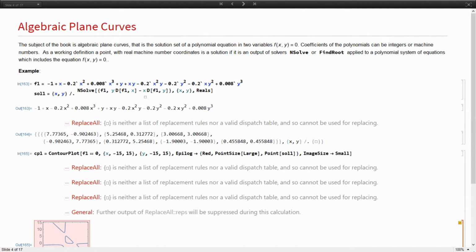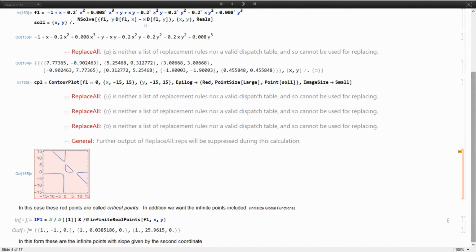Okay, I have to run this. There are the infinite points right there, and notice they're triples ending in 0.